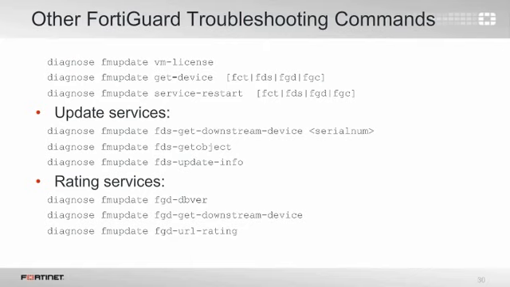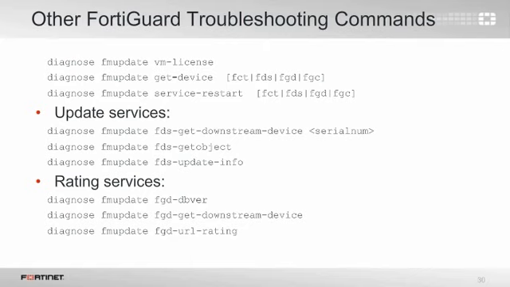Diagnose fmupdate fds get object lists downloaded antivirus, IPS, and vulnerability scanner packages. Diagnose fmupdate fds update info displays the FDS update info. Diagnose fmupdate fgd dbver gets the version of the database.